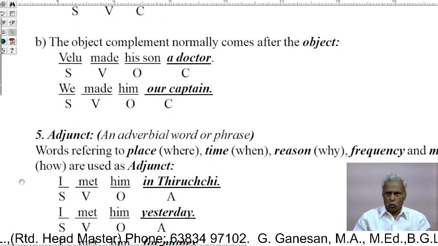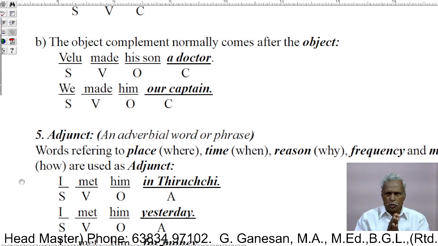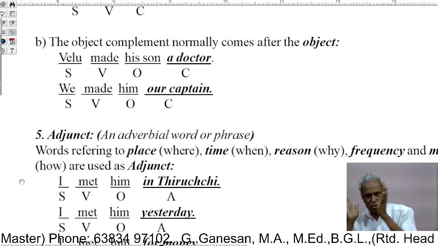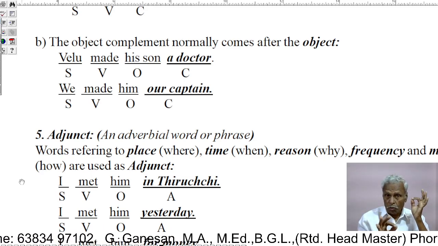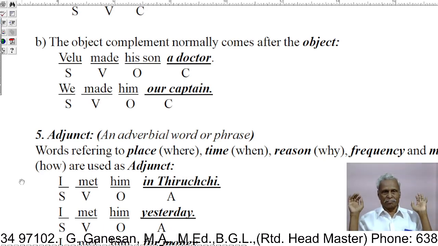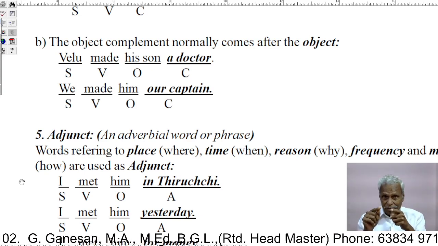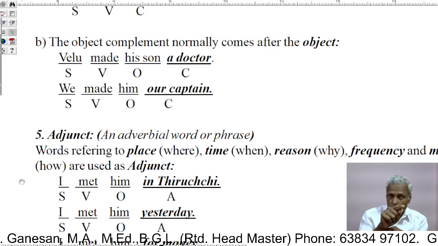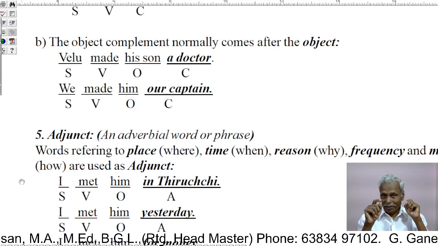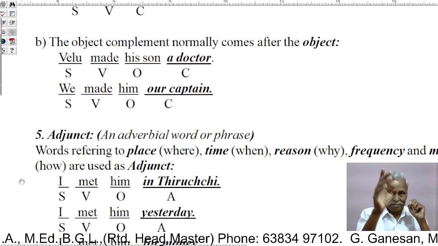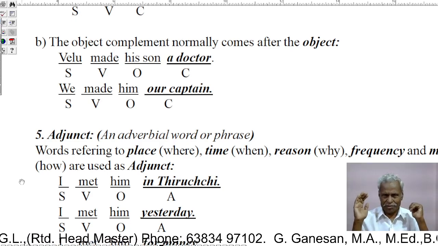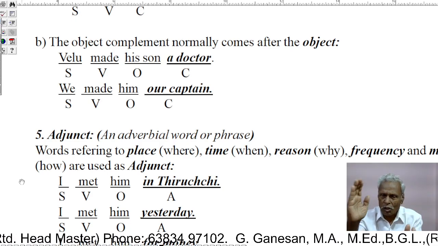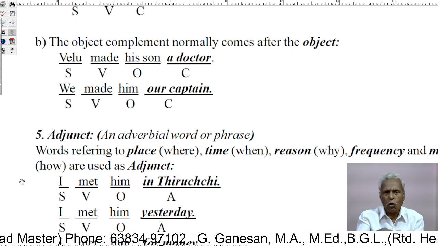Then let us see the object complement. The object complement normally comes after the object. Let us see the example. Velu made his son a doctor. Here a doctor does not qualify Velu. A doctor here qualifies his son. So his son is the object, and a doctor is the object complement.